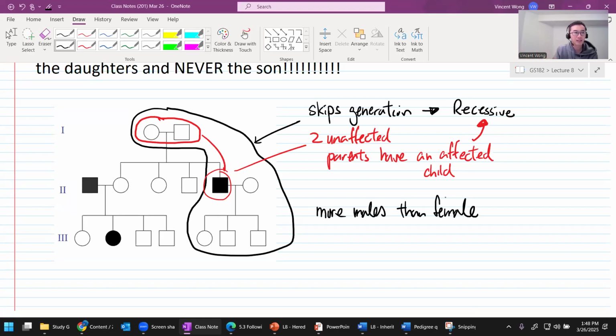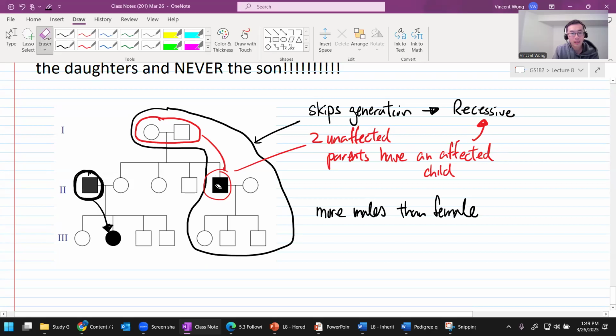But the really definitive thing here is we have an affected father, and the affected father passed it on to the daughter, right?